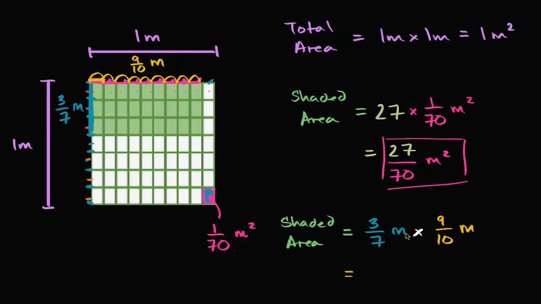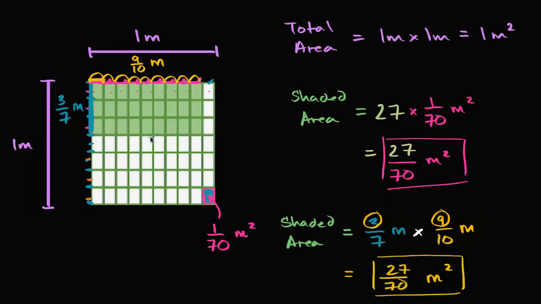Well, the meters times the meters is going to get square meters, which is what we want. And then we can multiply the numerators and multiply the denominators. 3 times 9 is going to give us 27. And 7 times 10 is going to give us 70. Exactly what we had before. 27/70 of a square meter.